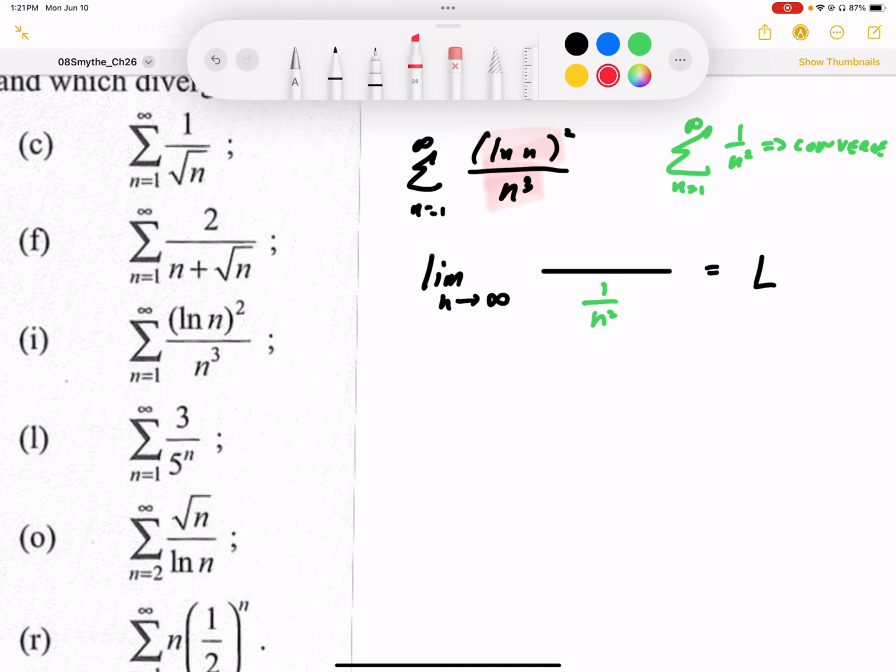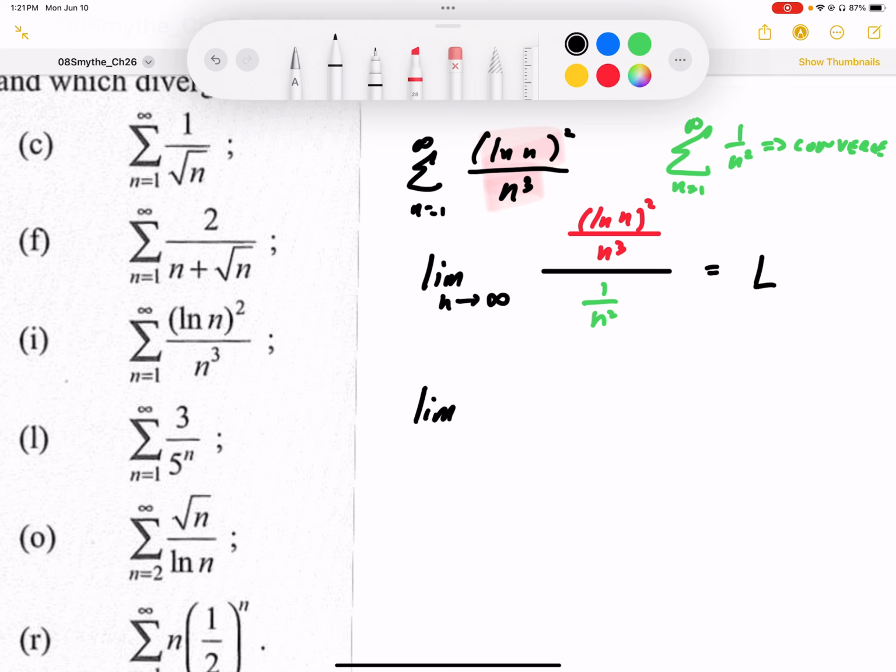So if one converges, the other one converges. Let's see what happens if it's behaving similarly to 1 over n squared. I'm going to put it in like this, ln n squared over n cubed, and see what happens.